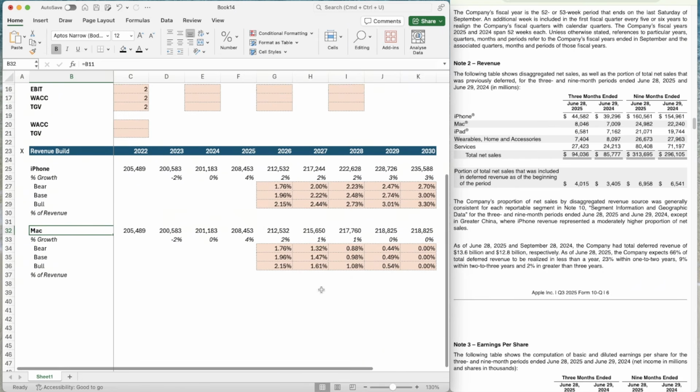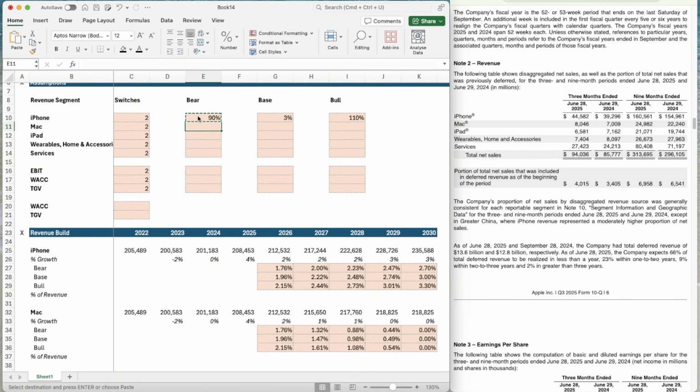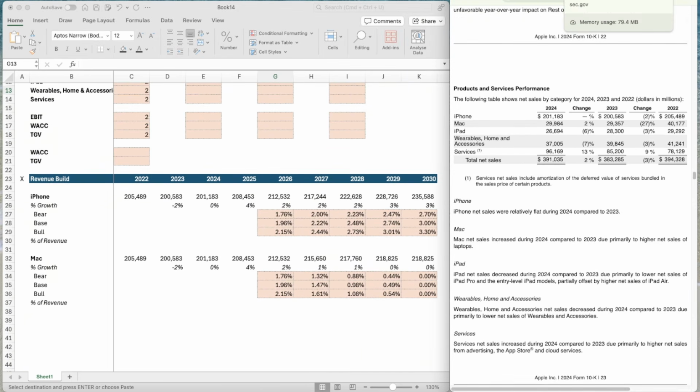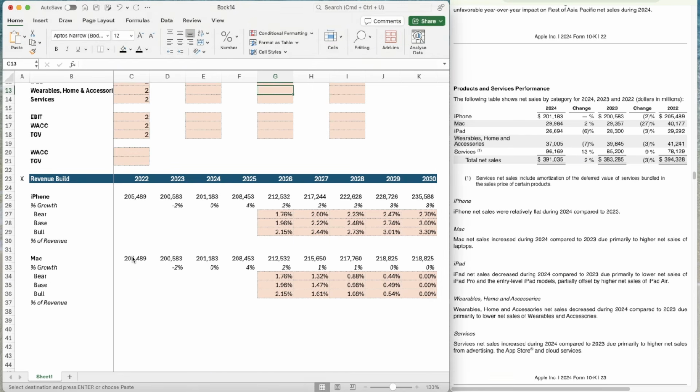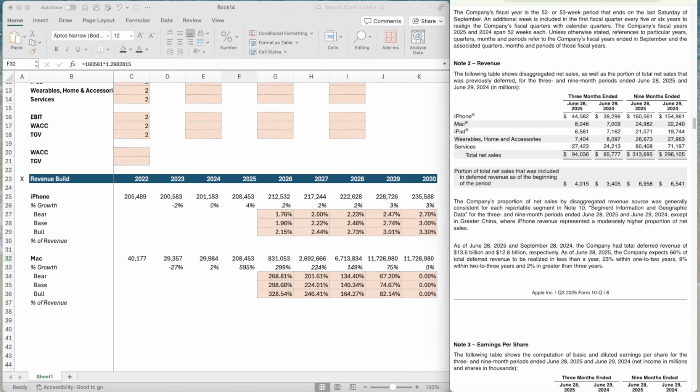So Mac. Here again, we're going to put this as 90% and 110. We don't know yet, so let's fill in the figures. So yeah, 40 billion in 2022. 40,177. Then 29,357. 29,984. Then for 2025.